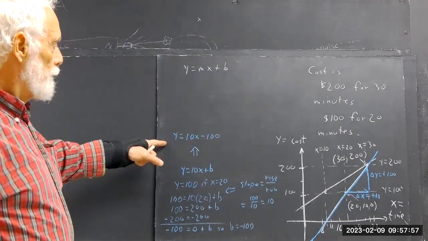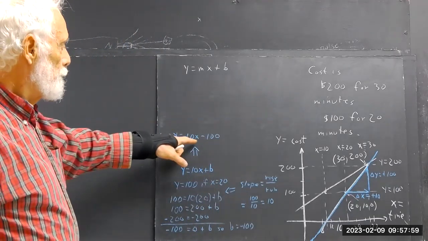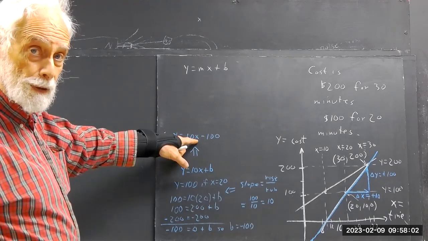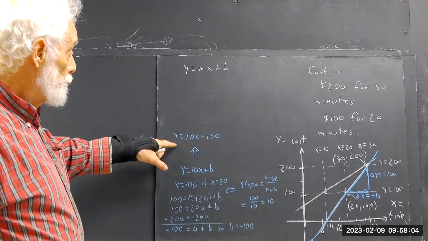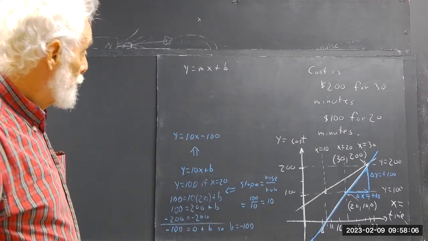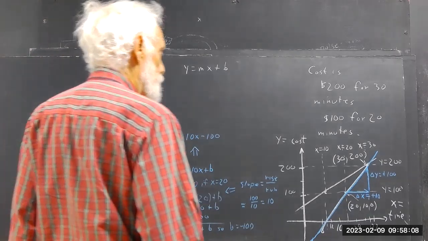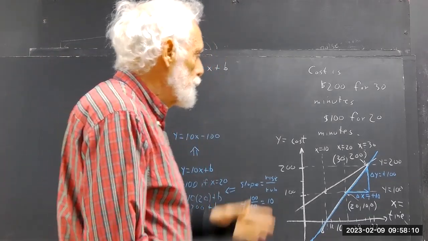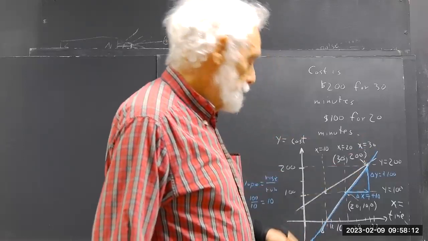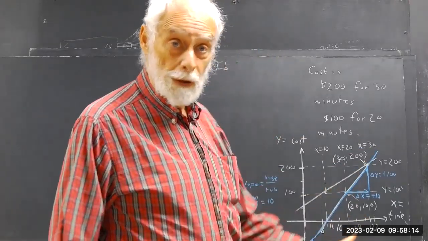And we ask for when x is time, at what time does y equal 0? Now we can estimate that in the graph. Then we can estimate the intercept.